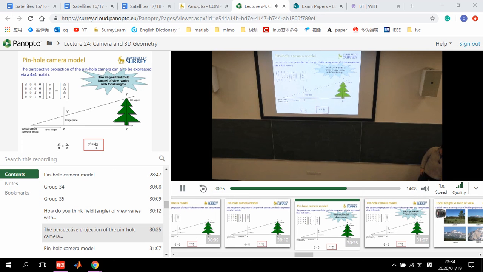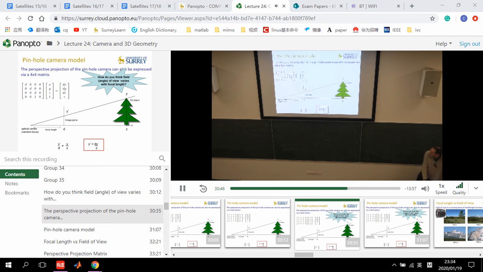Yeah? Okay. So first of all, does that make sense? Can you see how the pinhole perspective, this mathematics, this simple ratio is encoded then under that transformation? So this is convenient then because we can apply this 4x4 matrix framework to perform this transformation. And we'll see why it's convenient in a minute.